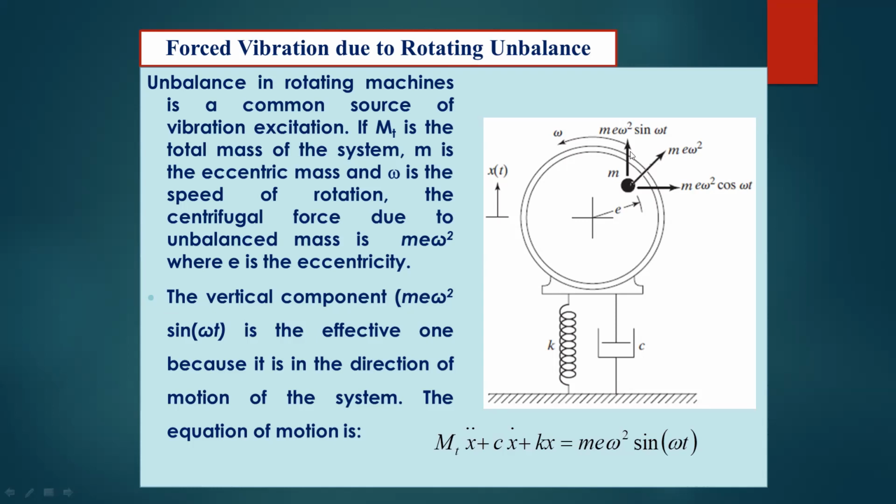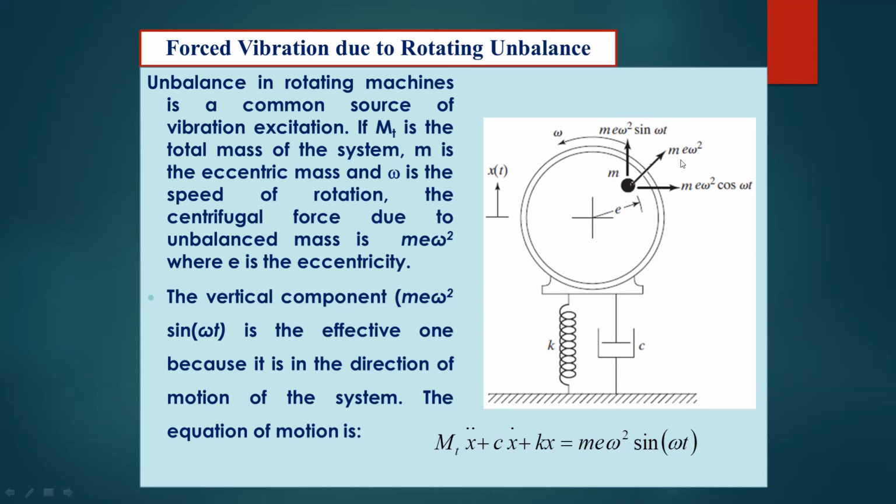And when you resolve this force into x and y, you can find in the x direction m e omega square cos omega t. Omega t is the forcing frequency. And the y component is m e omega square sine omega t.